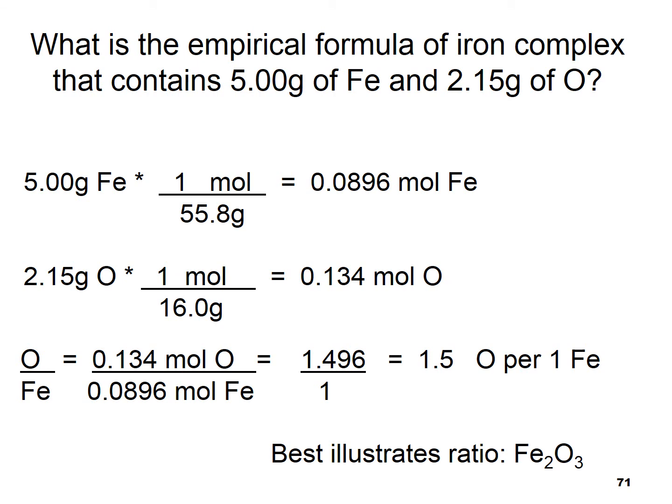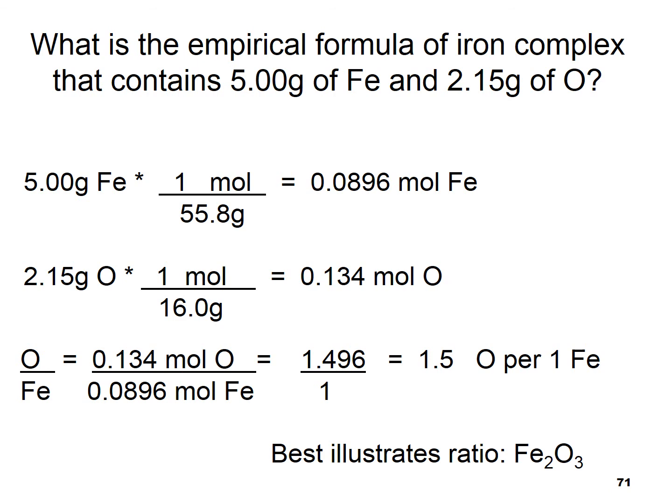But that's really not a good indicator of this ratio. The best ratio would be Fe2O3. That gives us exactly 1.5 oxygens per iron, and that best matches the moles we have up above, and the fact that we have 3 sig figs of data.